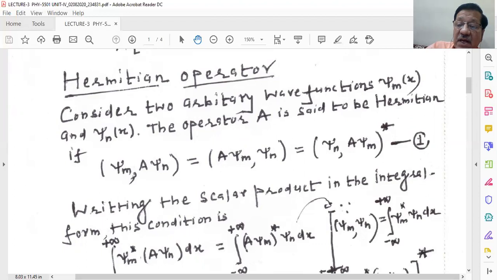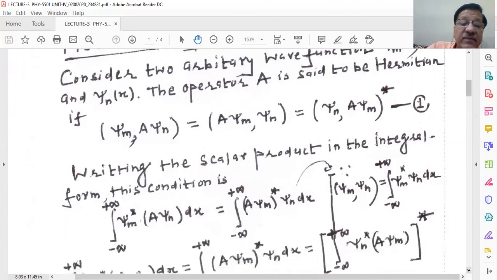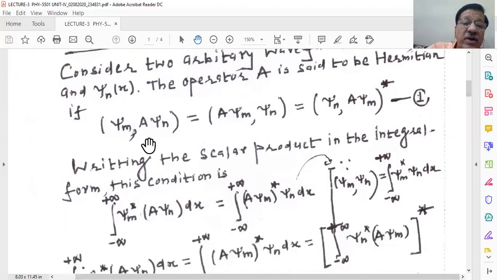And now we can write here: this bracket notation is converted into the integral form. So you have psi m star, then A psi n is a combined unit, so I write A psi n dx.